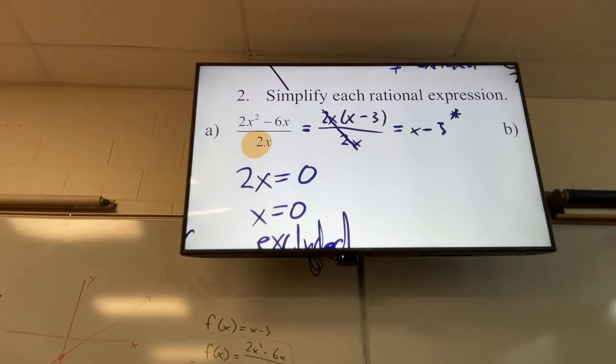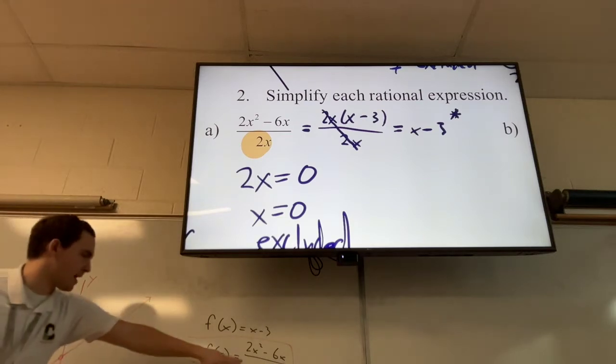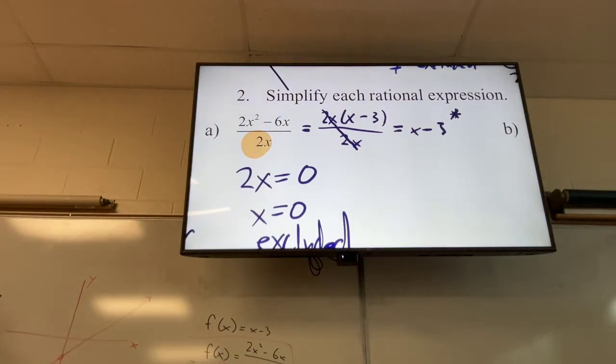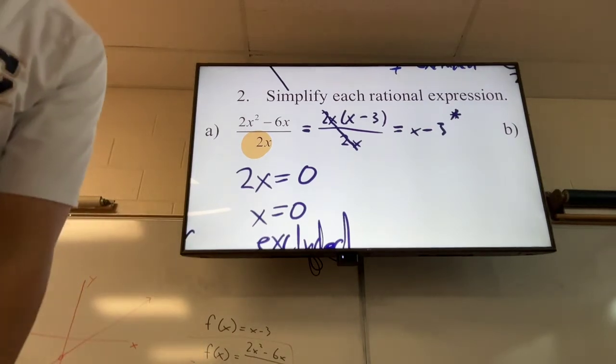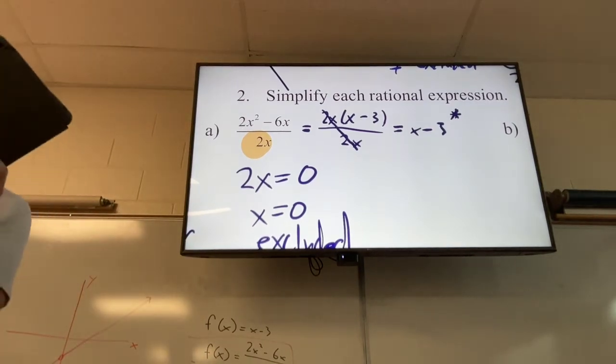So the graph looks almost the exact same, except x minus 3 has a solid dot here, and 2x squared minus 6x all over 2x has a hollow circle there. So I just want to make that little point. That's a little conceptual understanding I want you to have, okay? But this is our answer.